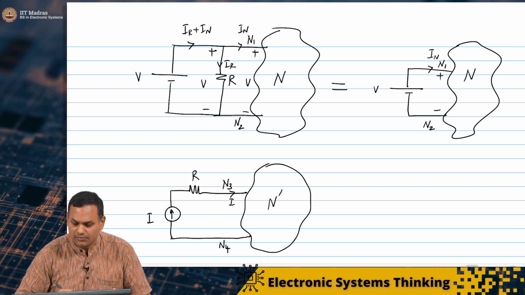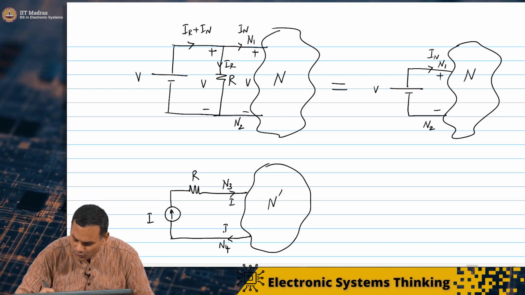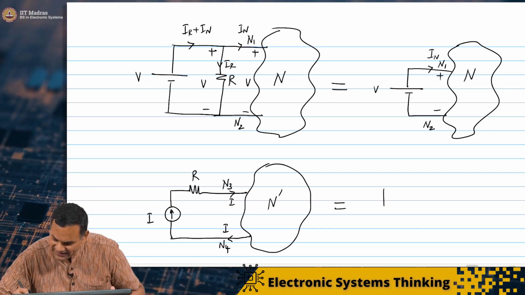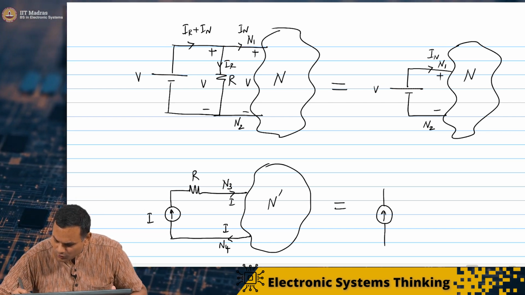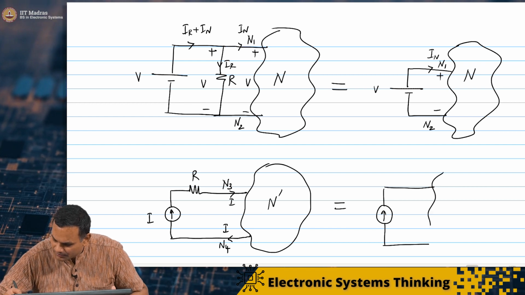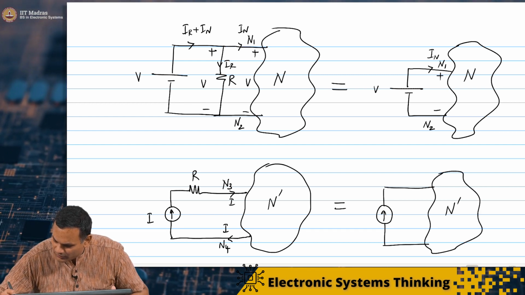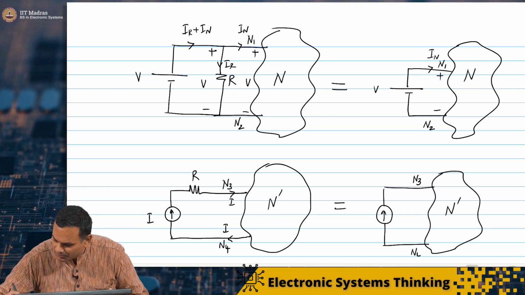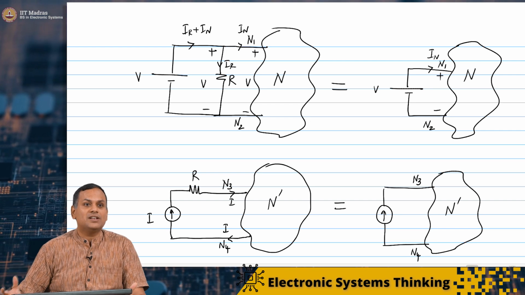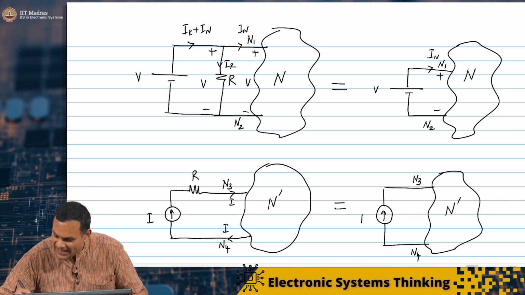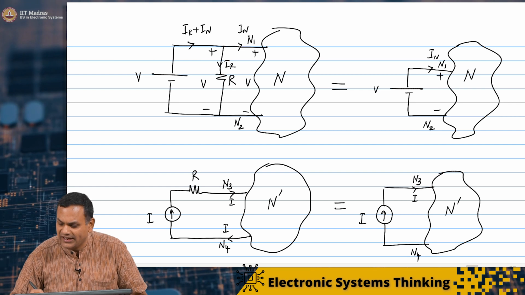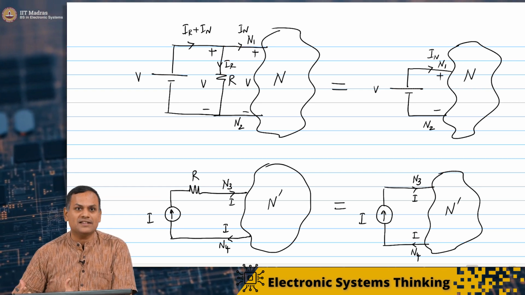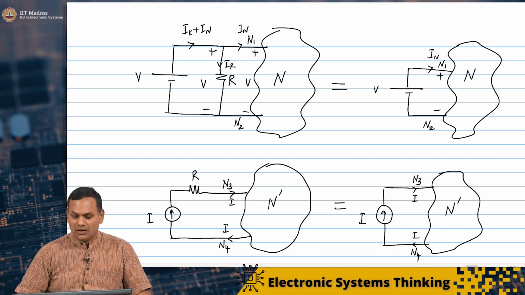It is I. What is the current coming out of n4? It is I, and therefore, you can say that this is exactly equivalent to having this current flowing into this network n prime at n3 and n4 without the resistance. You have the same current I flowing into n3 and coming out of n4. As far as the network is concerned, there is no change at all.